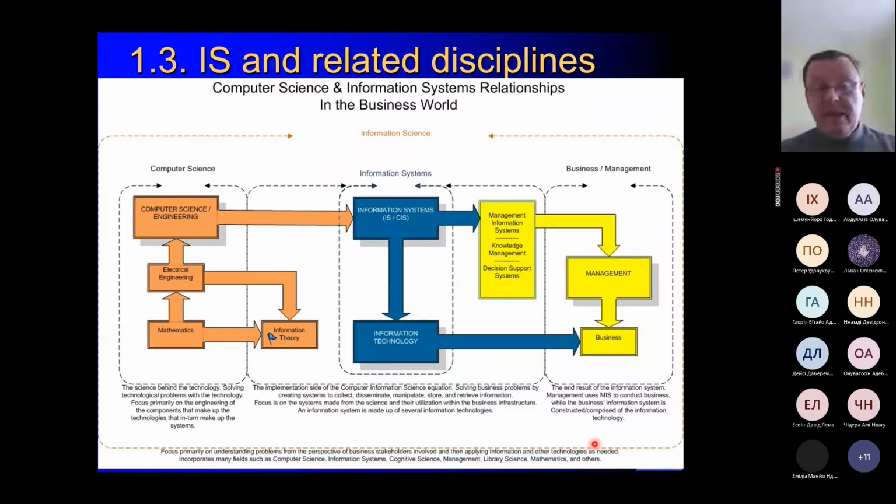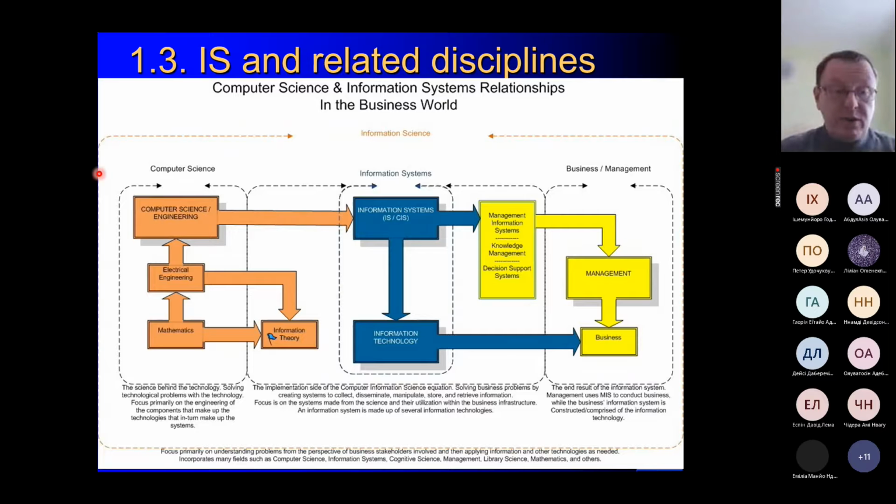Actually, we can see how computer science and information science interact with business management needs and how to cover them with information science in general. Here we have some specific business requirements about the automation of a specific information workflow.